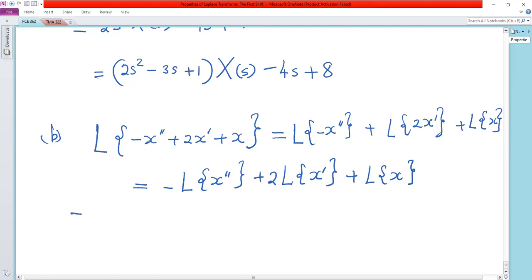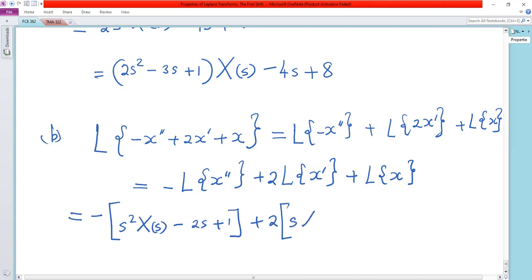So which will give us negative, in place of the Laplace transform of the second derivative, we have already found the answer to be s squared capital X of s minus 2s plus 1, plus twice the Laplace transform of the first derivative of x. We have found the answer to be s times capital X of s minus 2, and then plus the Laplace transform of x, which from definition is capital X of s.